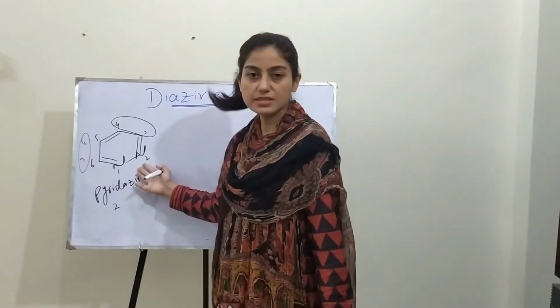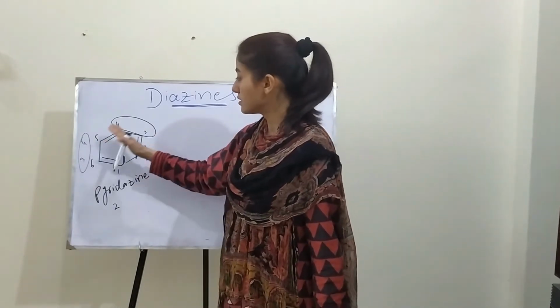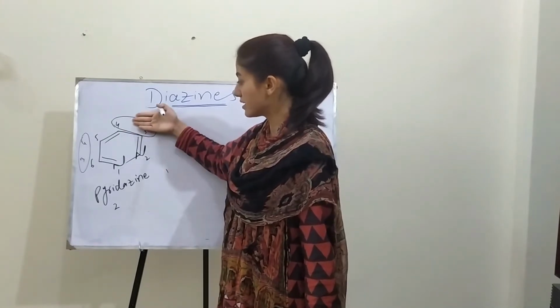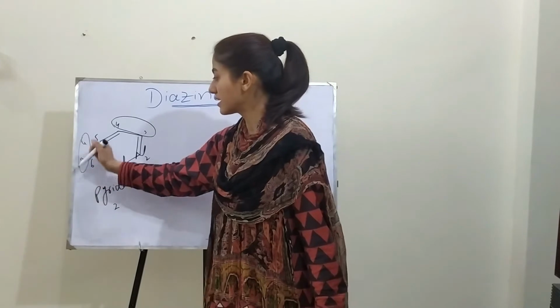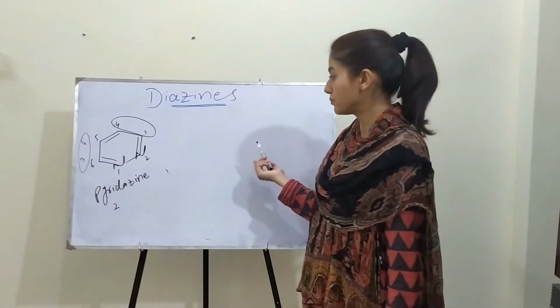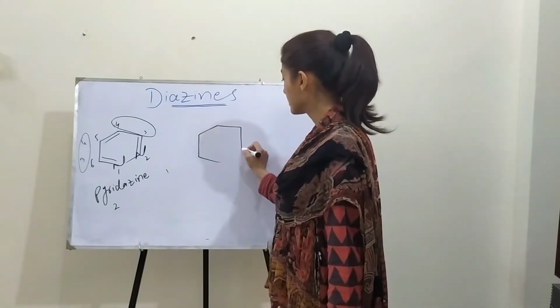Because this compound is symmetrical, if the benzene ring is fused along either side at 3,4 position, the resultant compound would be the same, and that would look like this.